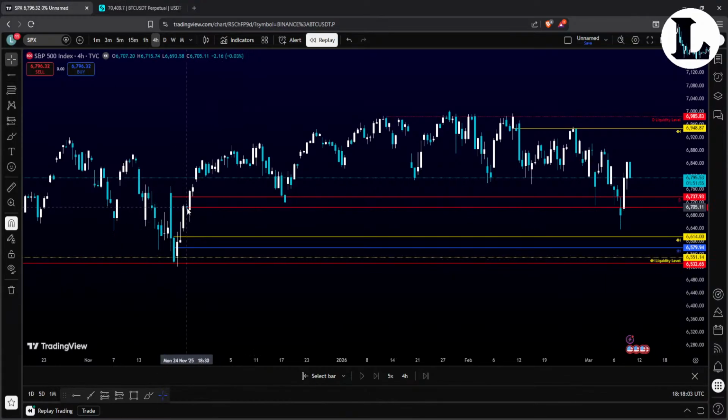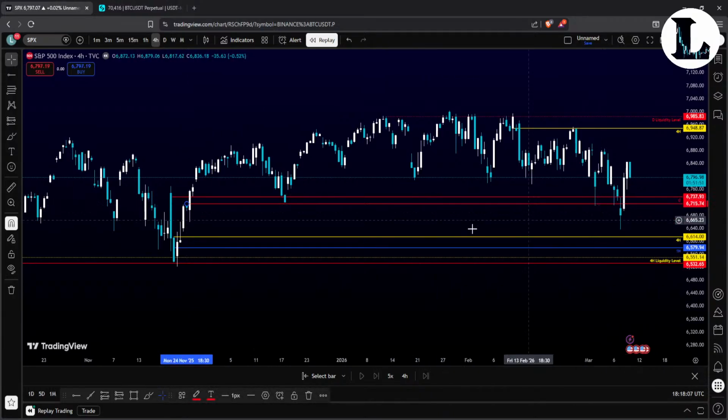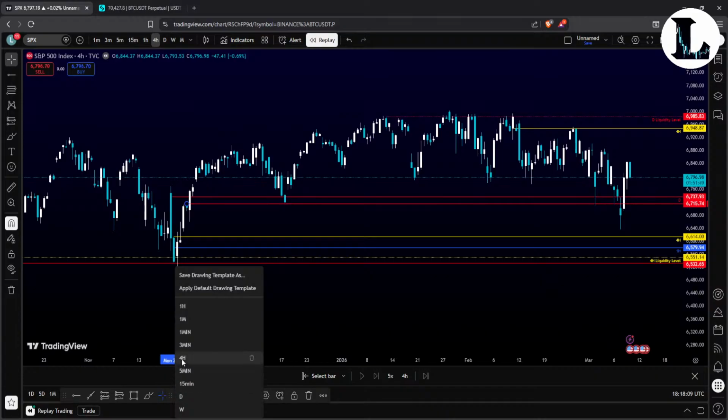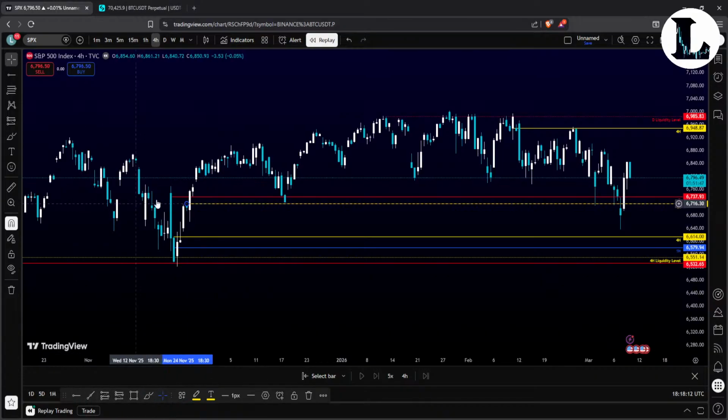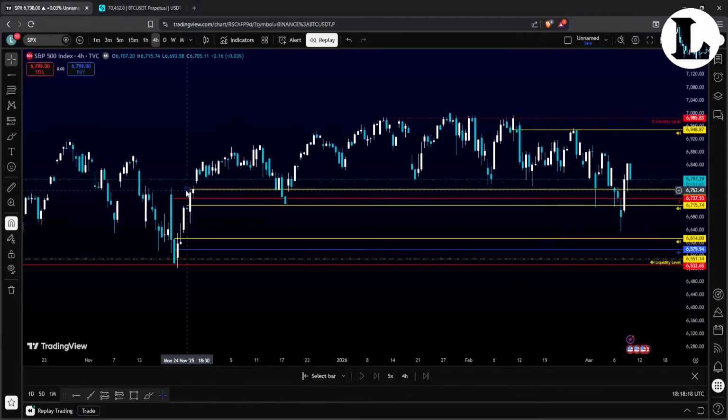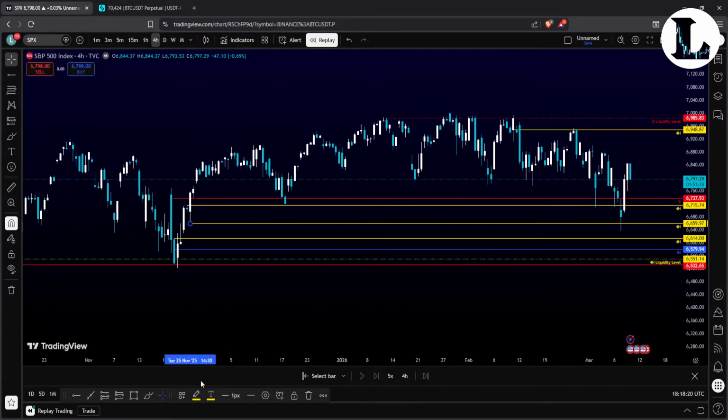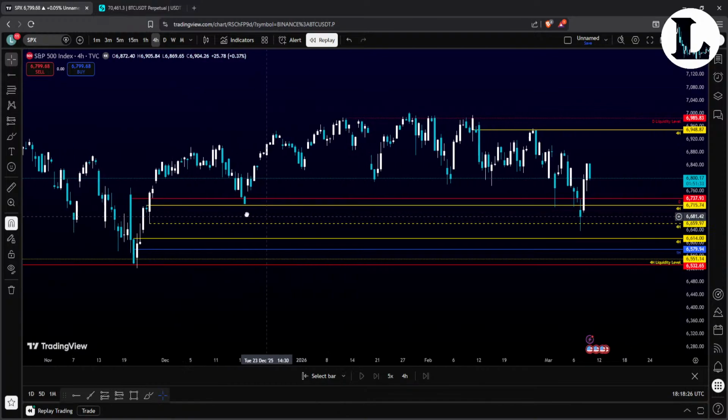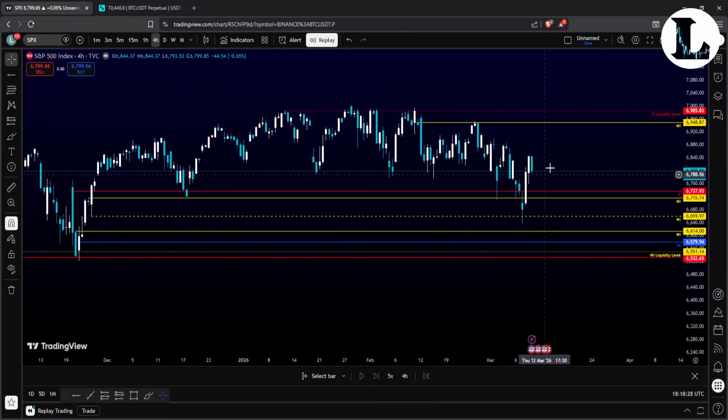I should not delete this 4-hour. It was probably just the attack to the 4-hour break. So this support is protecting that break, or it was, because the price already went there.